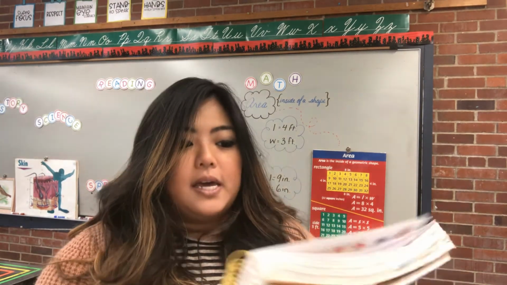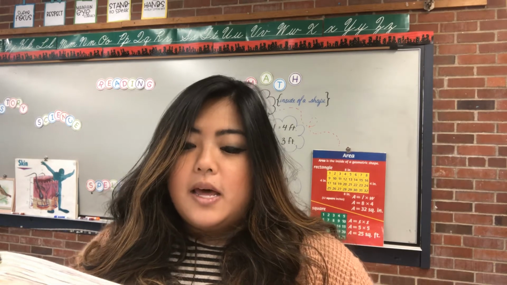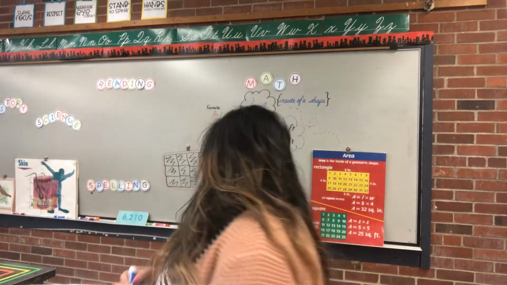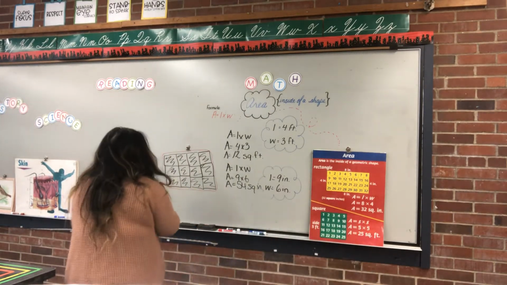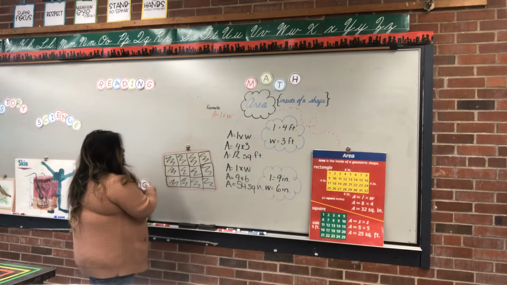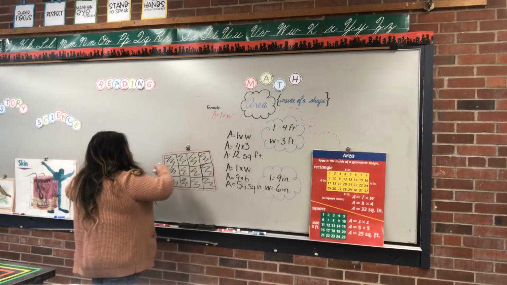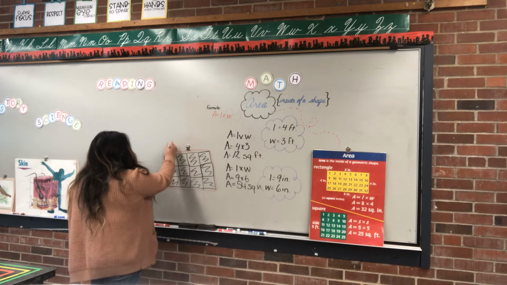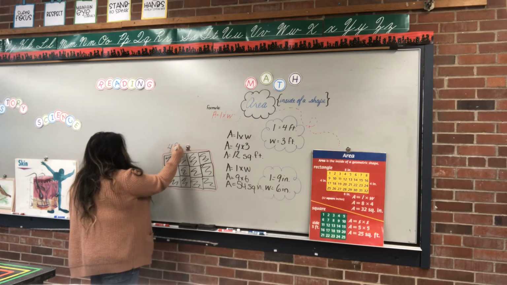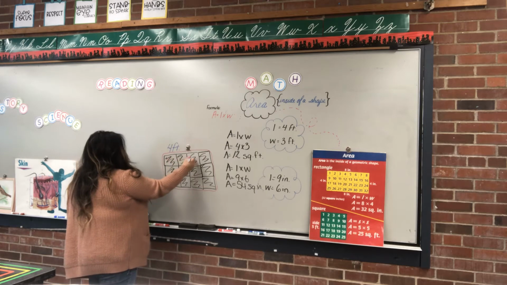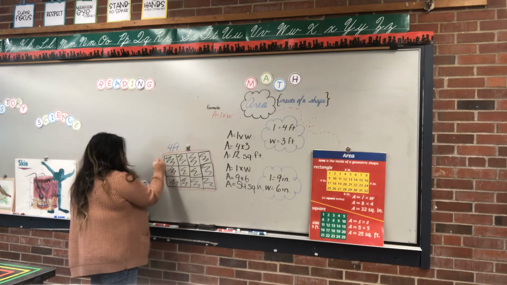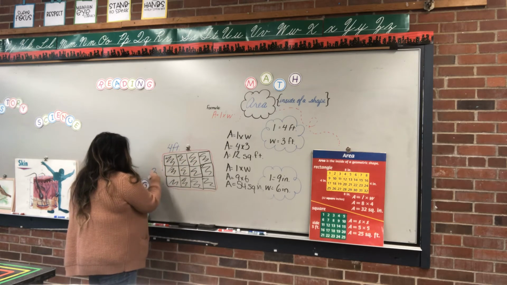Let's go to page 287 and look at our book. So the area of a rectangle can be found by using the formula A equals length times the width. For example, if the length here is 4 feet, 1, 2, 3, 4, and then this side down here is 1, 2, 3 feet.